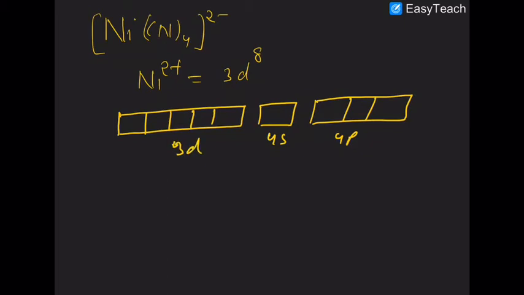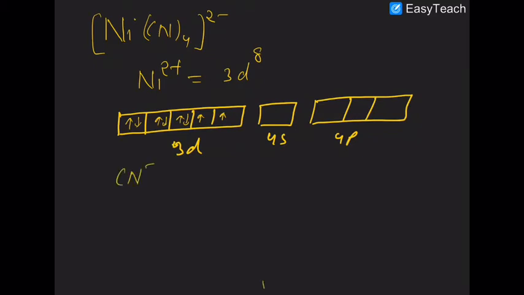These electrons, 1, 2, 3, 4, 5, 6, 7 and 8. So 3 orbitals are paired up, and the others are not paired up.